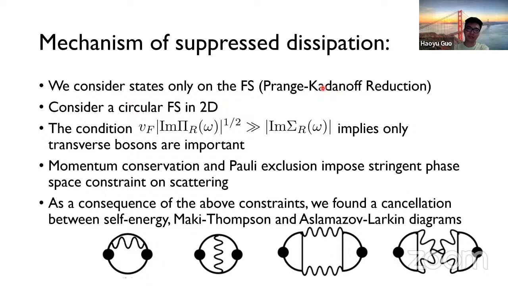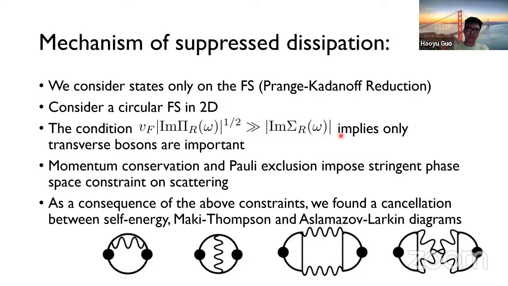Following the spirit of Prange-Kadanoff, we only consider states that are on the Fermi surface, and for simplicity, let's just consider a circular Fermi surface in 2D. I wrote a consistency relation for the boson and fermion self-energies like this. The left-hand side is the typical momentum of a boson that is getting excited, and the right-hand side is the typical momentum of a fermion that is getting excited.